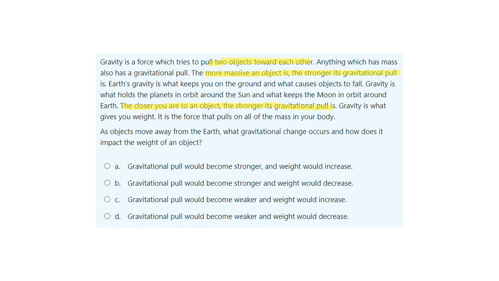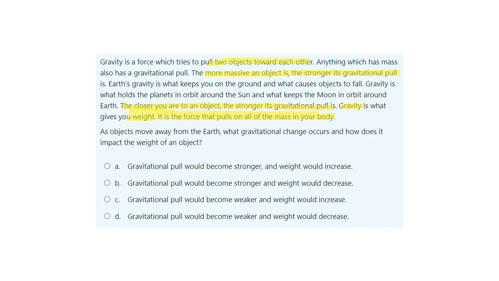Gravity is what gives you weight. It is the force that pulls on all your mass in the body. So weight is the calculation of the effect of gravity on the mass in your body. As objects move away from the Earth, what gravitational change would occur?